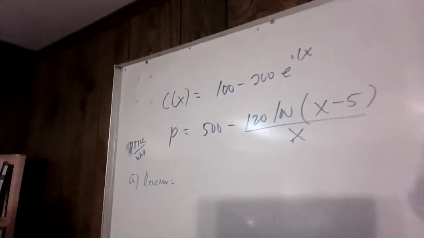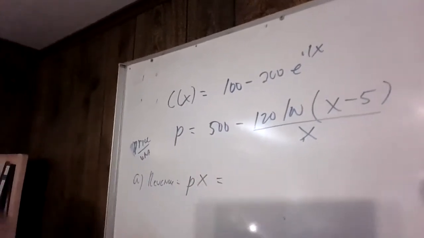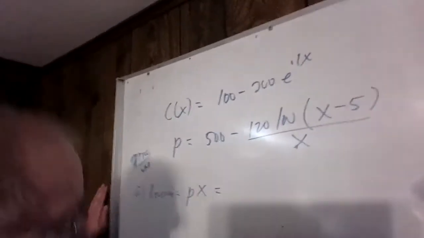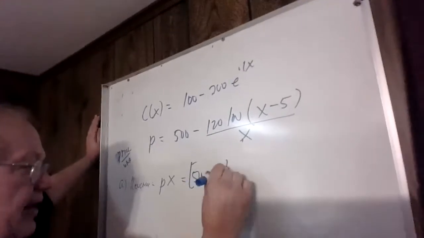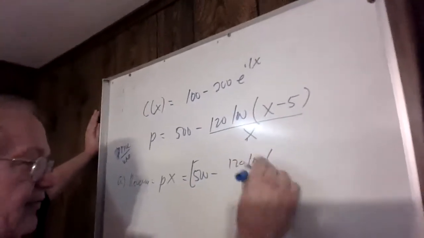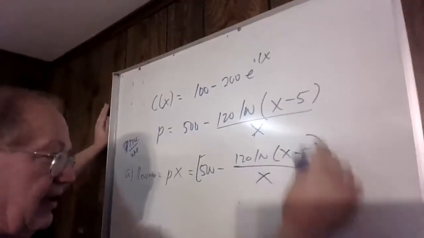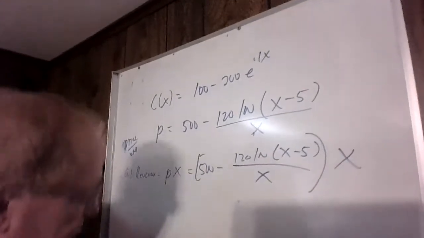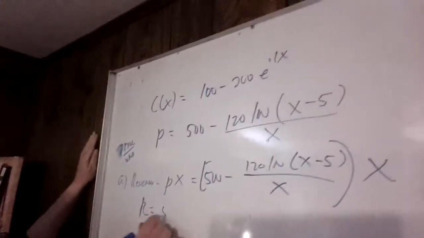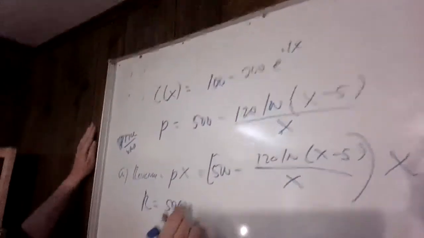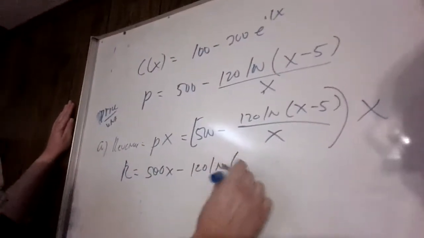Well, we know that revenue is the price times x. So I'm simply going to take 500 minus 120 log of x minus 5 over x and multiply times x. So the revenue gives me 500x minus 120 the log of x minus 5.